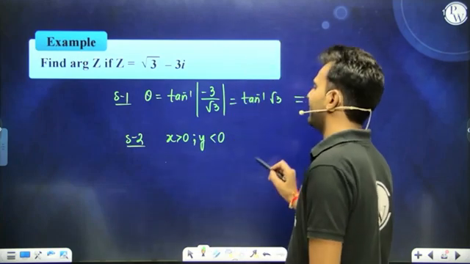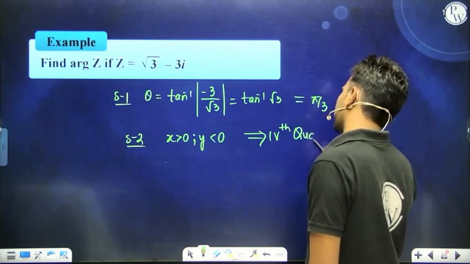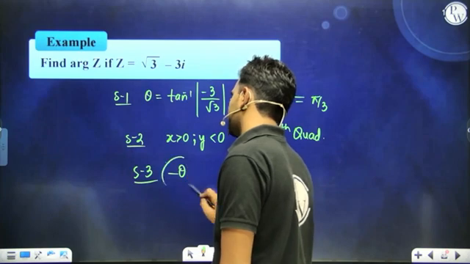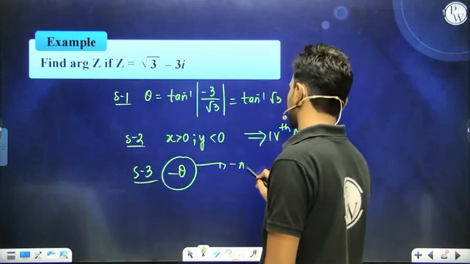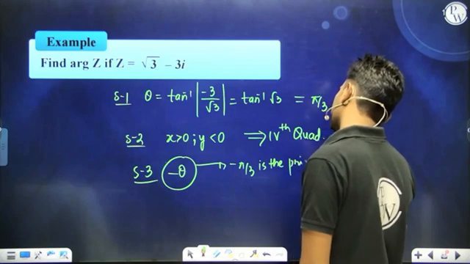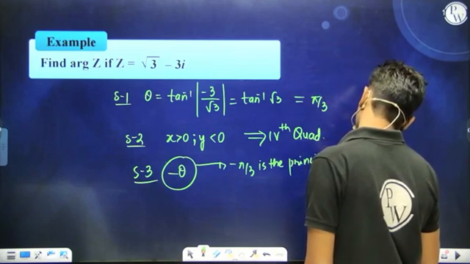X is positive and y is negative, which means it is the fourth quadrant. And in the fourth quadrant, the formula for argument was minus theta. So that means minus pi by 3 is the principal argument. Anyone having any confusion in this? There has to be none.